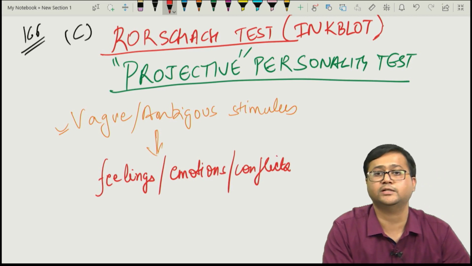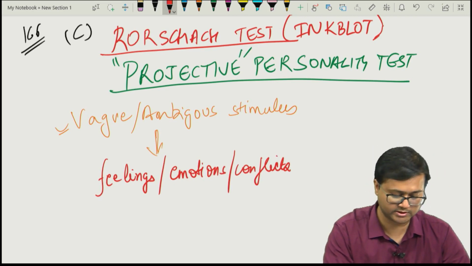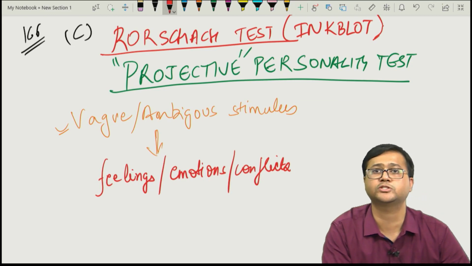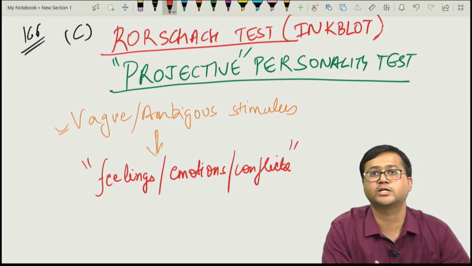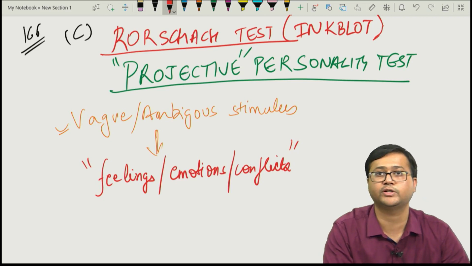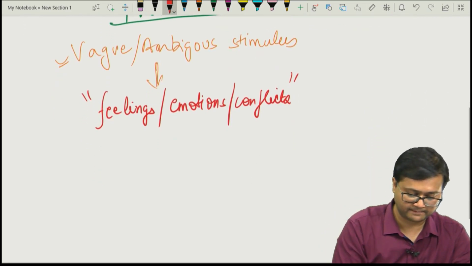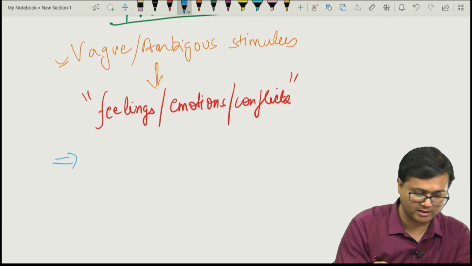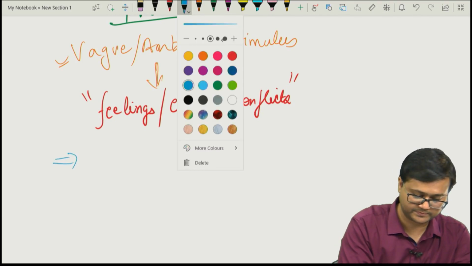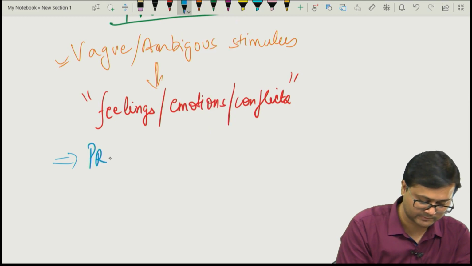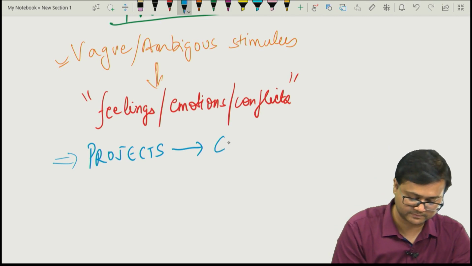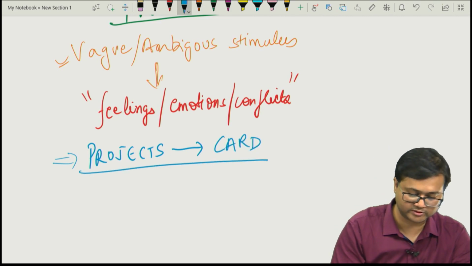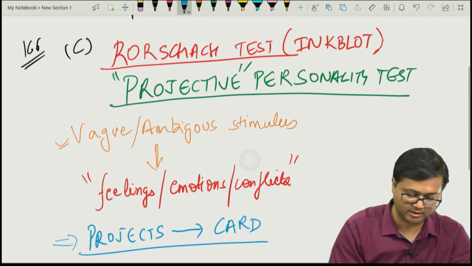In the Rorschach test, these ink blots are vague or ambiguous stimuli, so the way the person describes them reflects his inner feelings, emotions, or conflicts. In another way, these are tests in which the person projects his own feelings on the card. That is why they are known as projective tests.